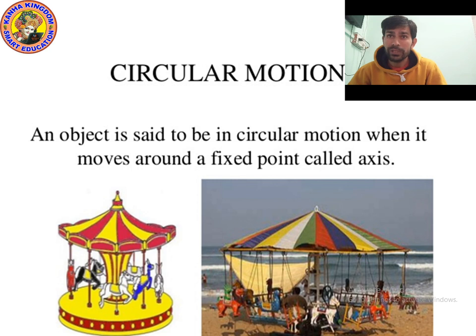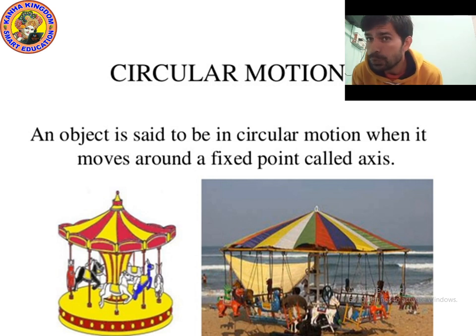If something is moving round and round, in a circle, around a fixed point, around an axis, then it is known as circular motion. A body is said to be in circular motion if it is moving around an axis. The axis is a fixed point.